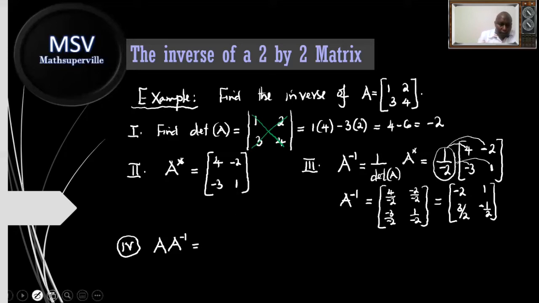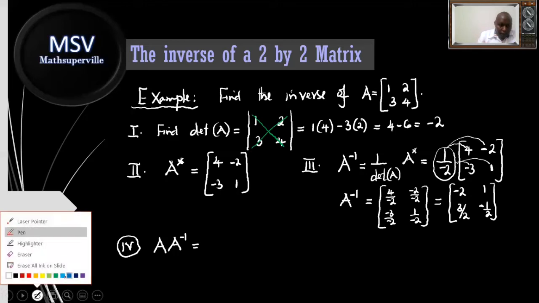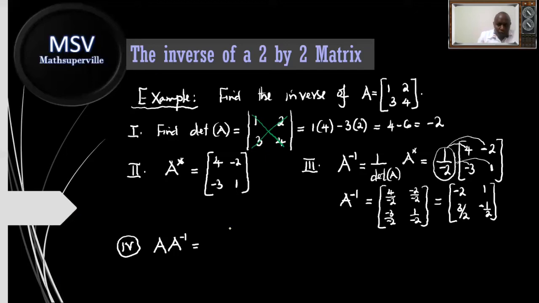So let me change the color so at least you can see what we will do as we proceed. So we have 1, 2, and 3, and 4. And we are multiplying by A inverse.